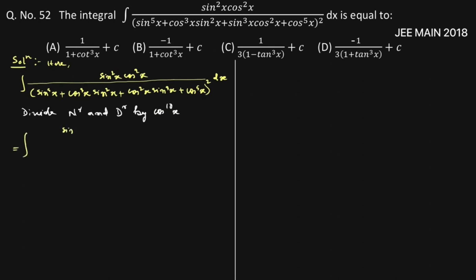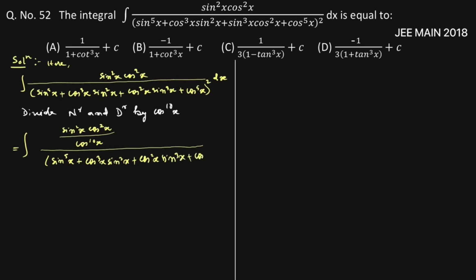integration of sin square x cos square x divided by cos to power tan x, divided by sin to power 5x plus cos cube x sin square x plus cos square x sin cube x plus cos to power 5x whole square, divided by cos to power 5x whole square, dx.